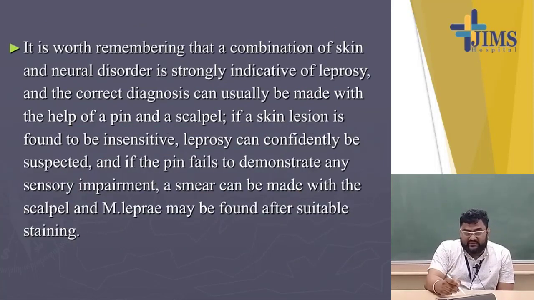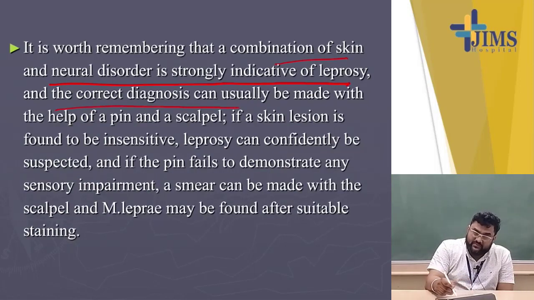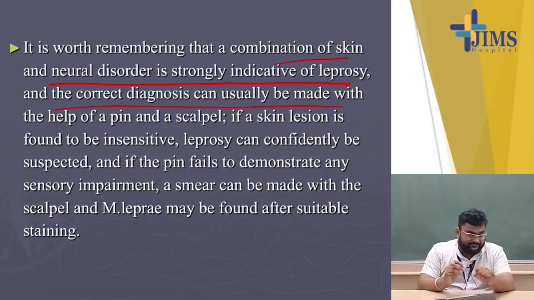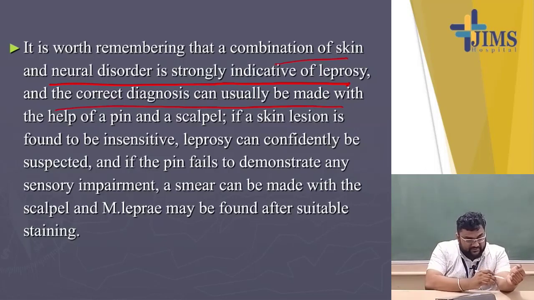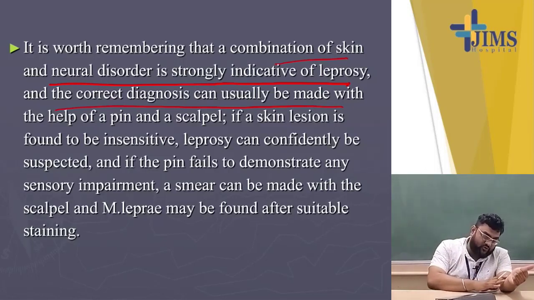It is worth remembering that a combination of skin and neural tissue involvement is strongly indicative of leprosy, and the correct diagnosis can usually be made with the help of a pin and a scalpel. Now, you have a lesion of leprosy here on a forearm.